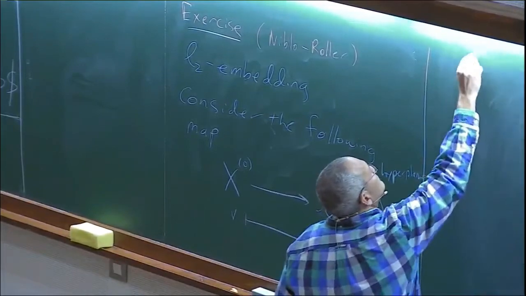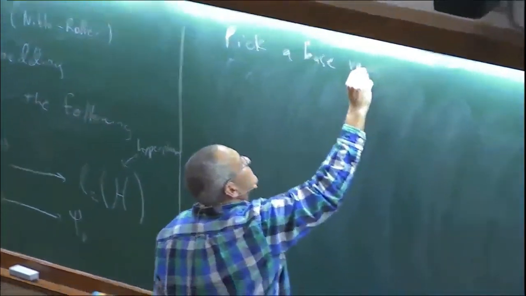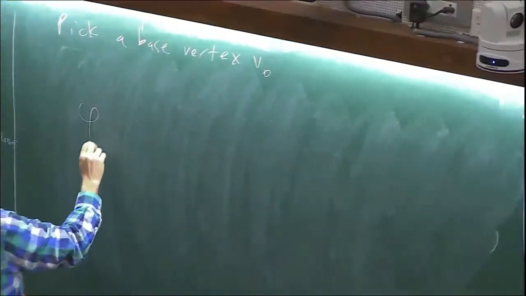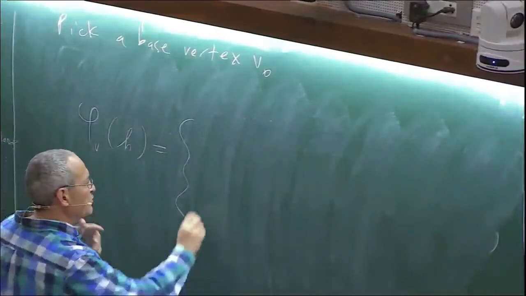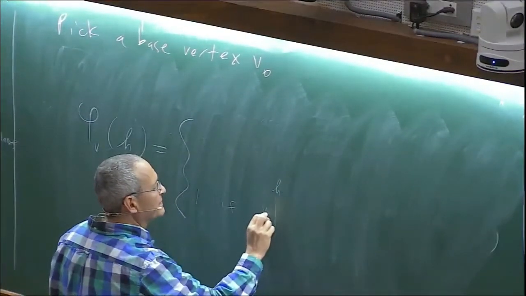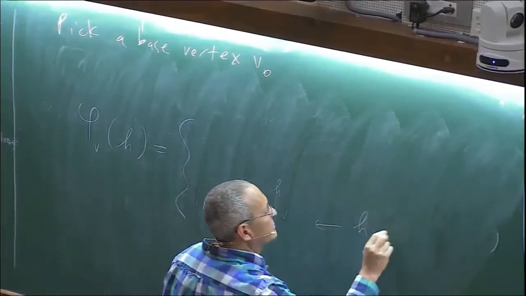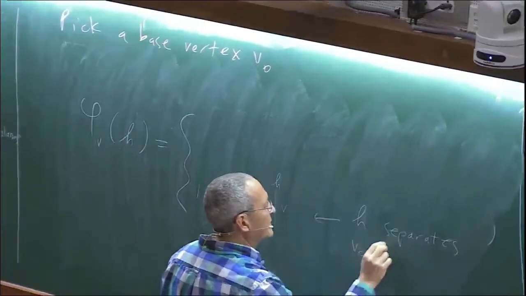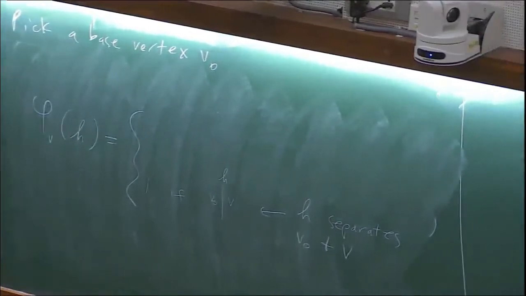So pick a base vertex V0, and then phi_V of a hyperplane H will be 1 if the hyperplane H separates V0 and V, and 0 otherwise.